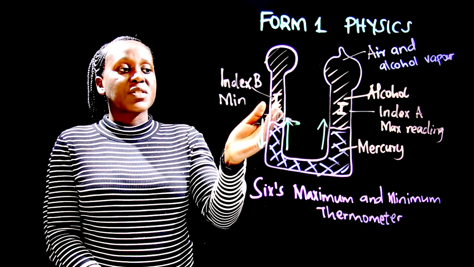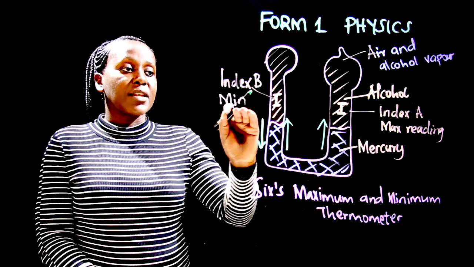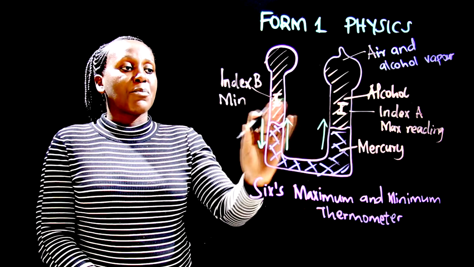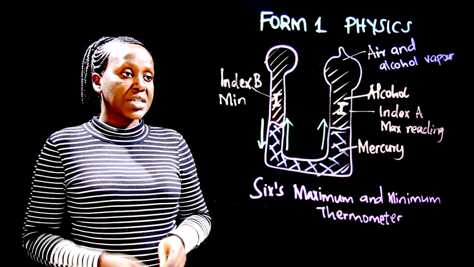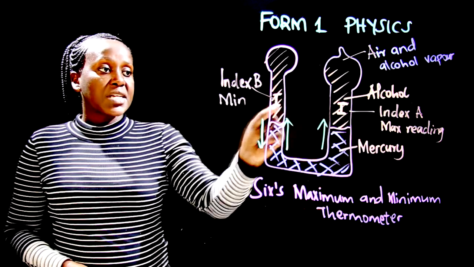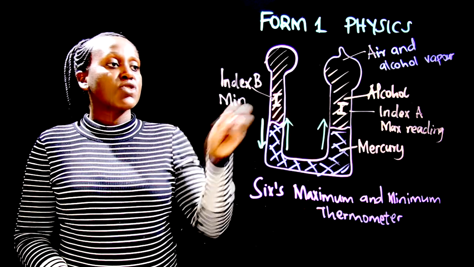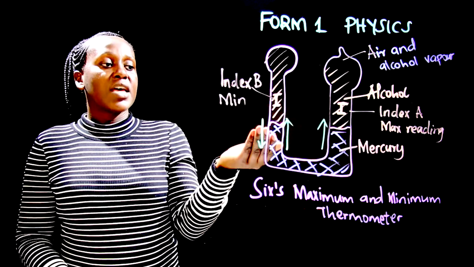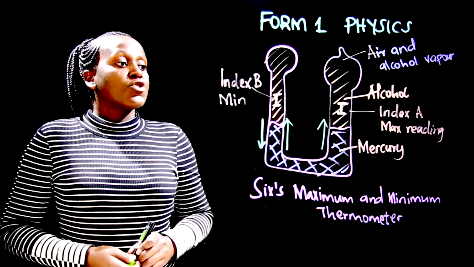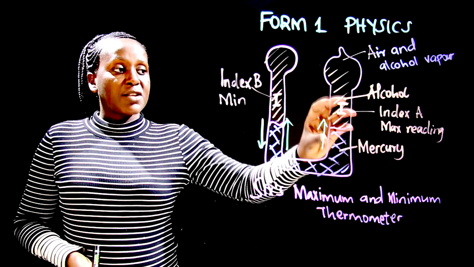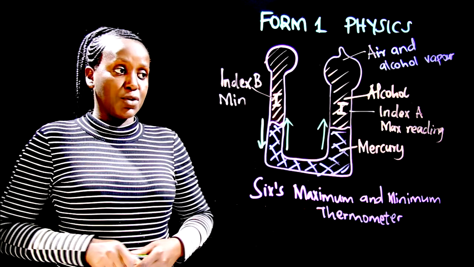As this mercury goes up, it also pushes index B to the highest level possible, and the minimum temperature of the day is taken. Remember, for this index to be pushed, the temperature has to be at its lowest to make the alcohol contract and allow the mercury to move up with the index. So the maximum reading is taken from this side of the U-tube, and the minimum temperature reading is taken from this side of the U-tube.